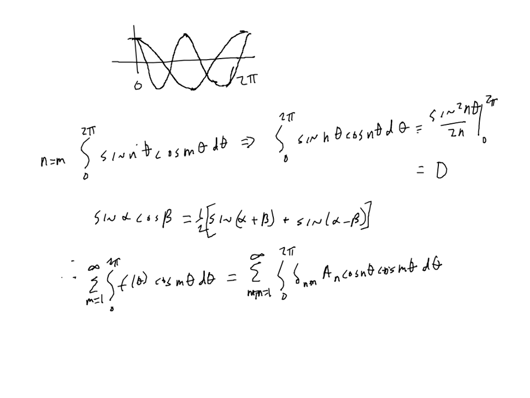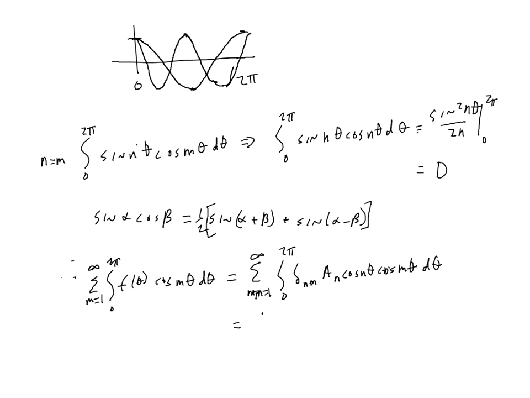Okay? Now, this says that n and m have to be equal. So it's the same thing as just having cosine squared. But now we know that the integral here is going to give us pi, and n and m have to be equal to each other.